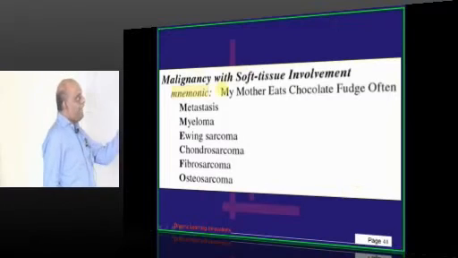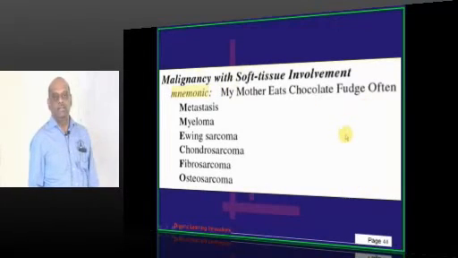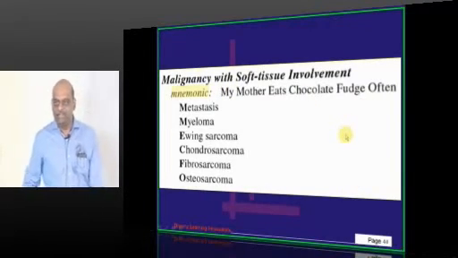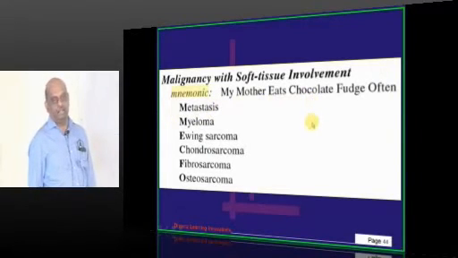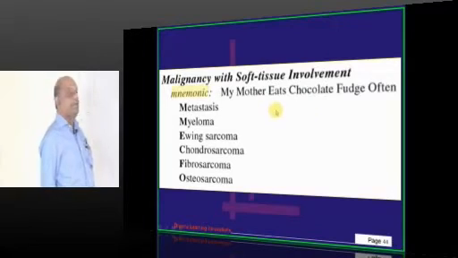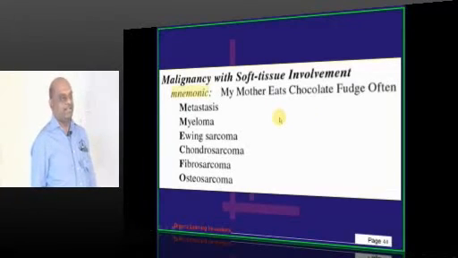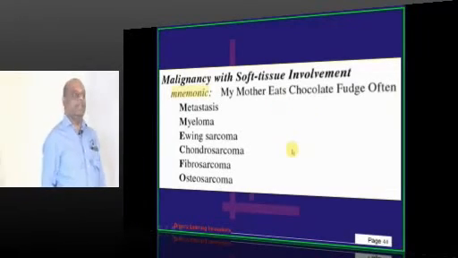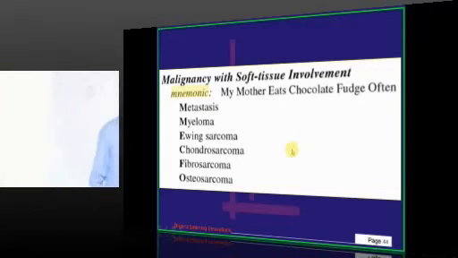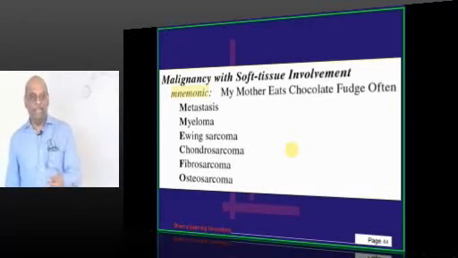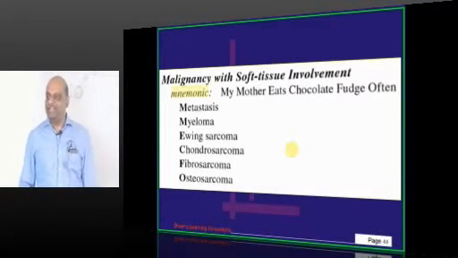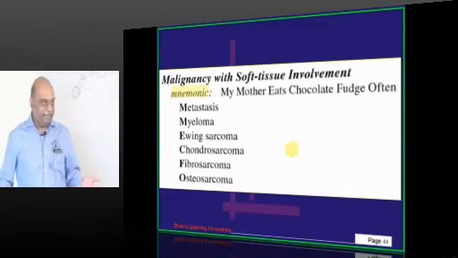Then which will have soft tissue involvement? Soft tissue is like a chocolate fudge. So my mother eats chocolate fudge often is one stupid mnemonic if you are in USMLE circles. We don't think USMLE is an all logical exam. There is also a mugging part for USMLE, Canadian licensing exam, MRCP, MRCS, anywhere in the world some mugging part is inevitable.